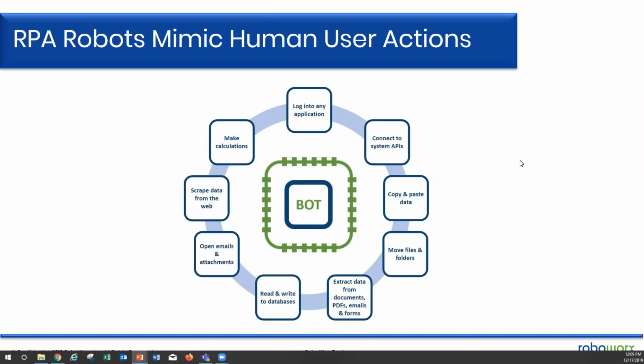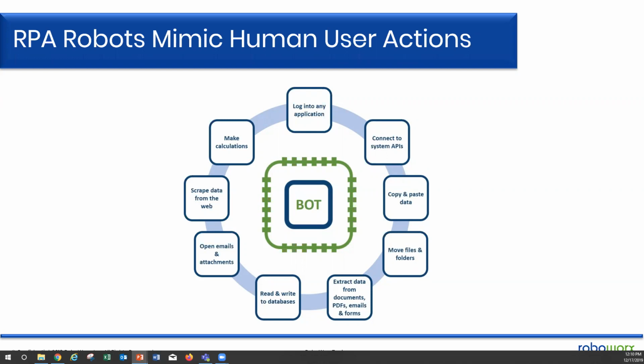So just to give you all a really tangible idea of what the robots are doing, these are very real life examples of what a robot could be doing in any given task. They could log into an application, so they can log into your email system. They can log into your intranet. They can log basically into any website where you go in every day and complete a task.